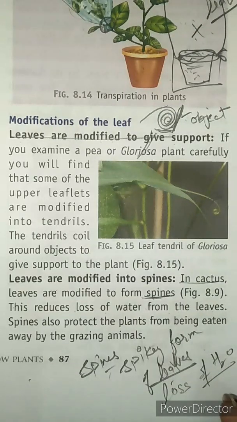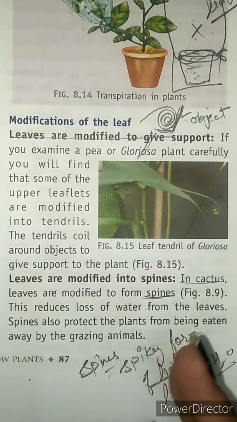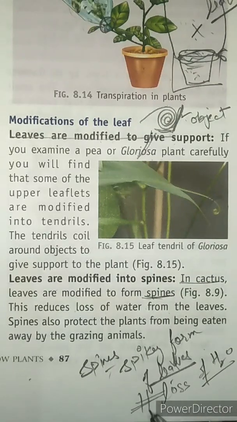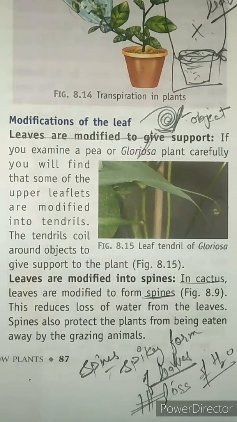Because these leaves are very hard in nature. And even the cactus stem prepares its food, not the leaves. So if leaves are not carrying out photosynthesis, that means transpiration would not occur here. So if transpiration is not there, loss of water will not be there.